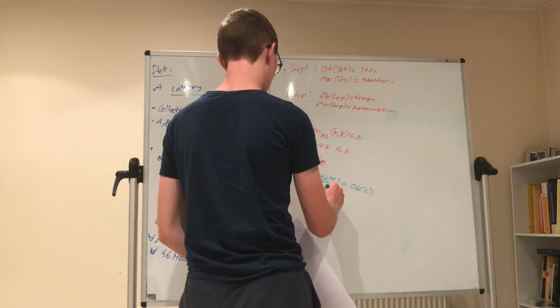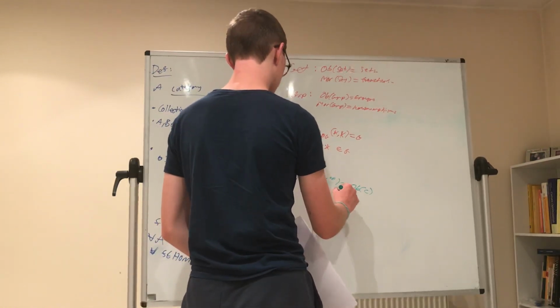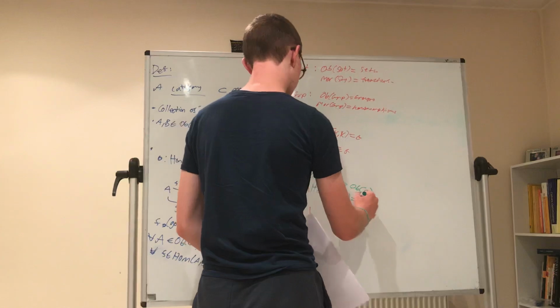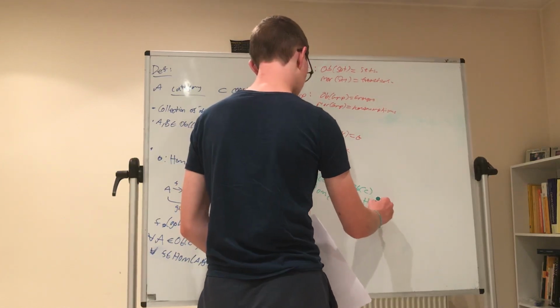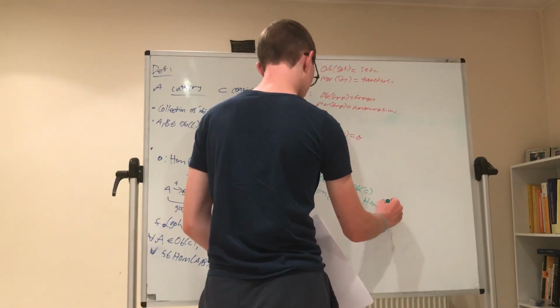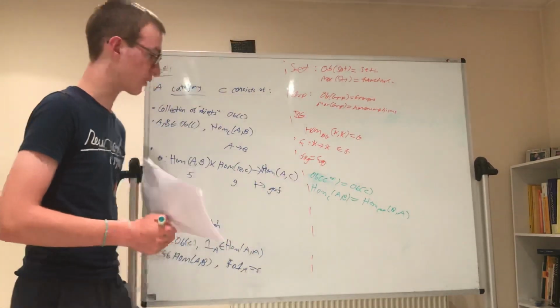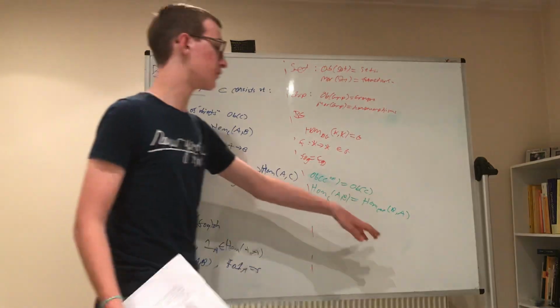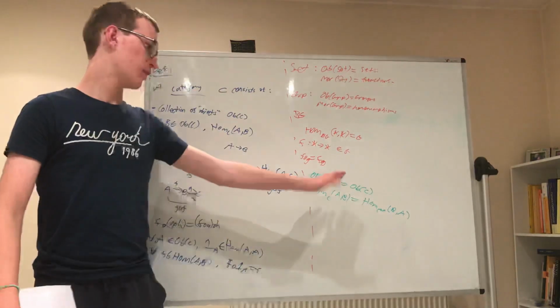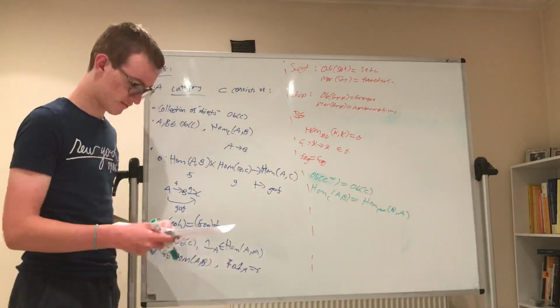So if we have Hom in C of A, B, this is simply the arrows going the other way in C op. That's just a nice and simple definition. It can be convenient sometimes, for duality type stuff. Somewhat convenient.